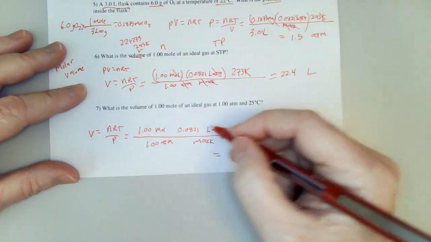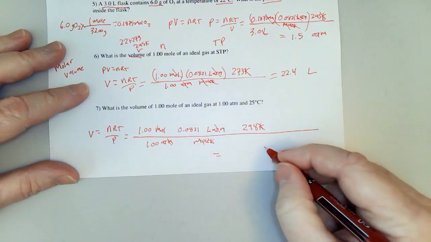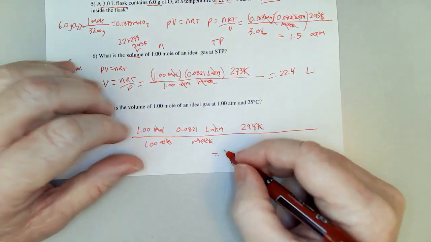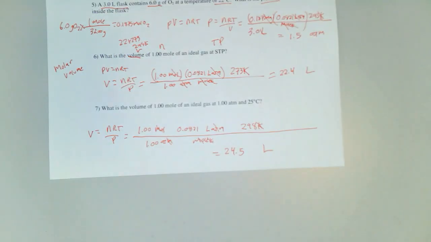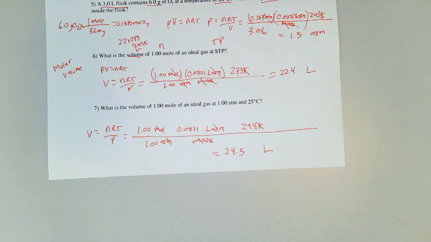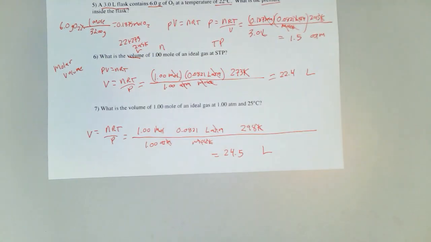Now, atmospheres, moles, and Kelvin cancel. In liters, I'm getting 24.5 on my calculator. To me, that would seem like a more useful number because we normally work at about 25 degrees Celsius, but lots of textbooks still like to use this molar volume at STP idea.